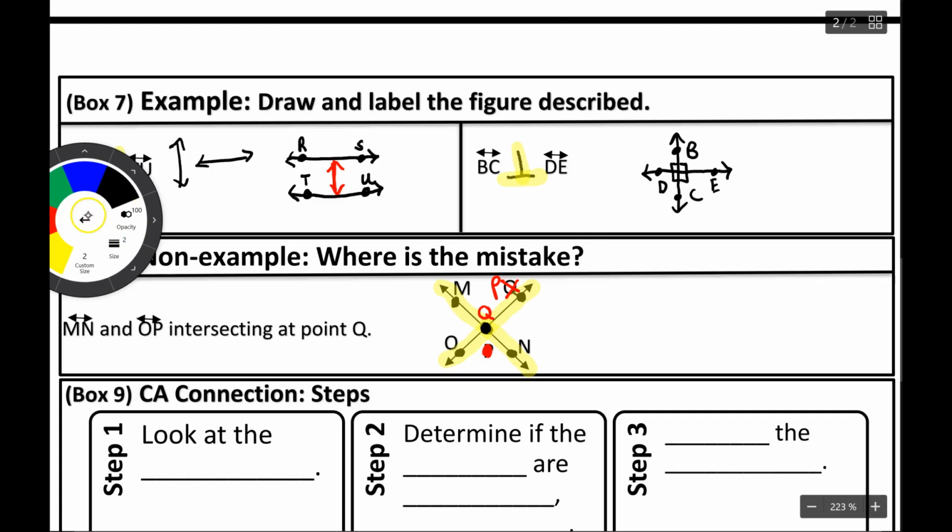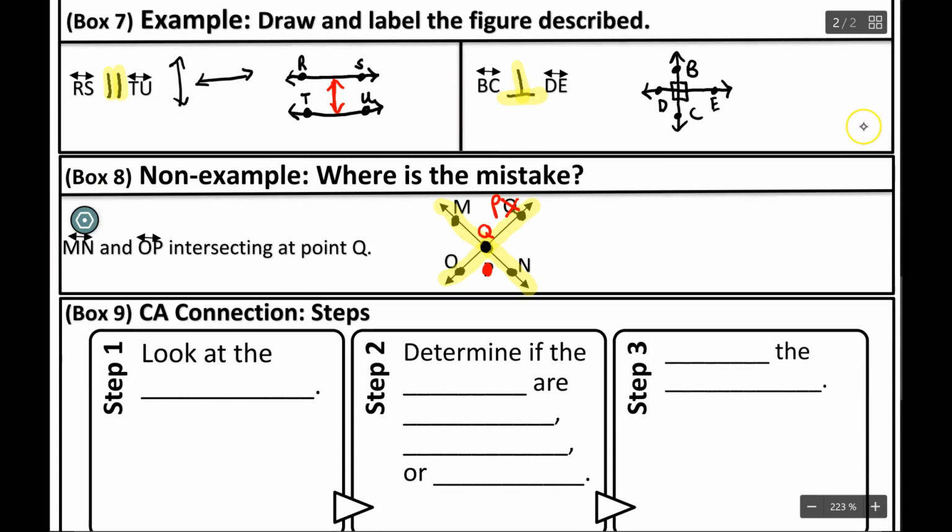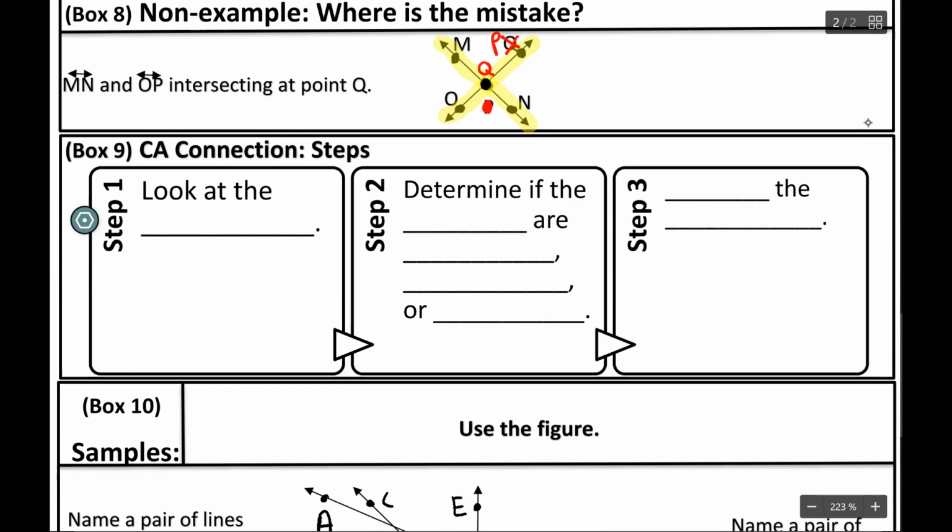Okay, going on. Alrighty, box 9, our critical attribute connection steps. Step 1, we're going to look at the instructions. Okay, look at the instructions. Pretty simple. Okay. Give me some time to write that down.